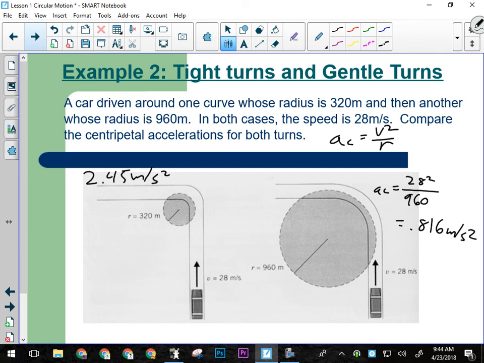It won't be the square root of 2.45, but you're close. I'm cutting my speed in half, and it's exponentially related. 1/2 squared is 1/4.